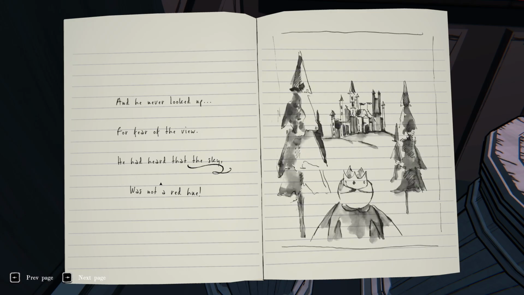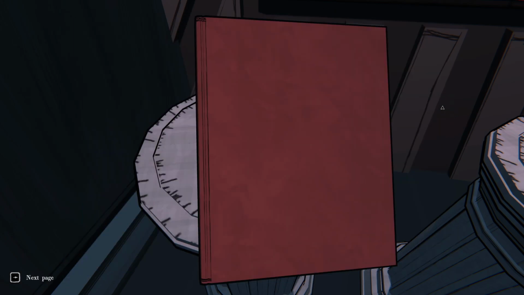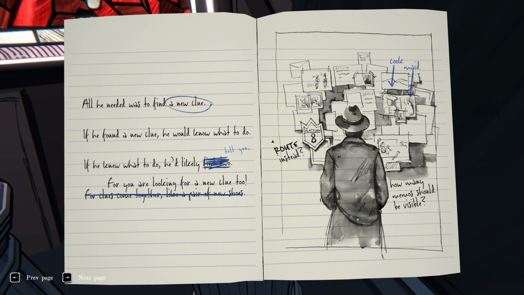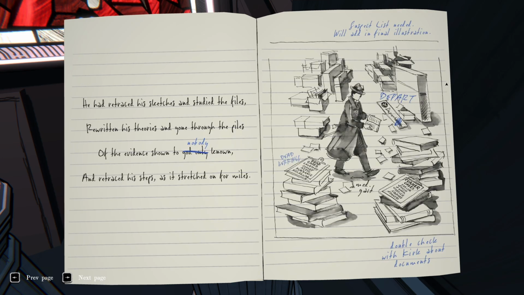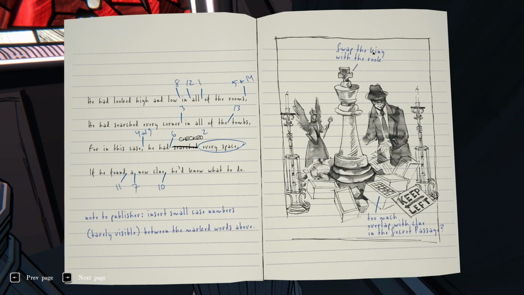That's interesting. And this is a new clue. A suspect list is needed. Dead herrings. I see. Okay. Swap the king with the wood. Too much overlap with the clue in the secret passage.